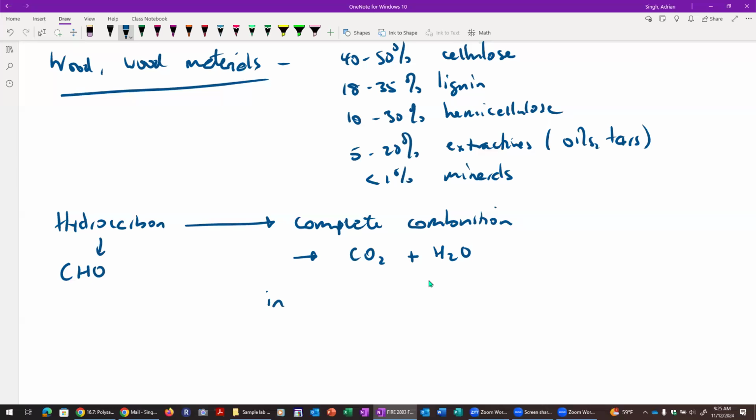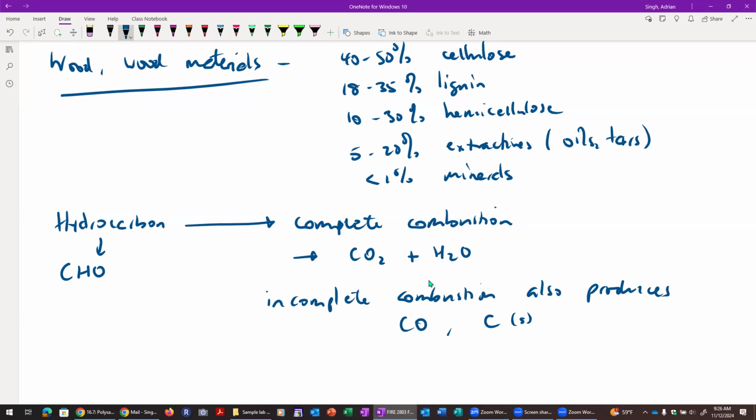Incomplete combustion can also produce carbon monoxide. We can also get just carbon, for example, in the solid form, which is just the particles, soot, char, for instance, that you see coming off.